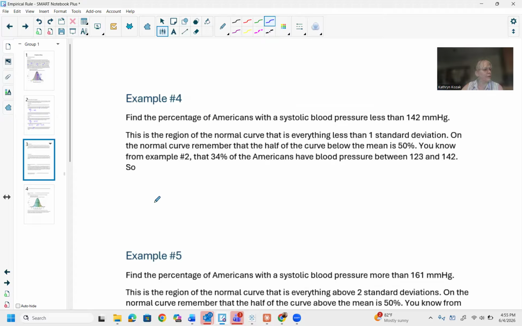So 50%, oh wait, sorry, plus, because we're adding, plus the 34% is 84%.